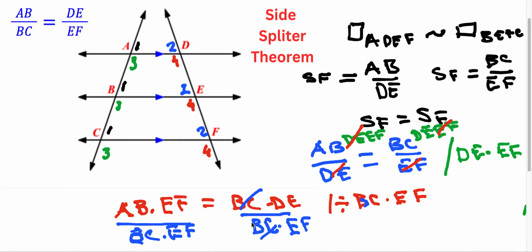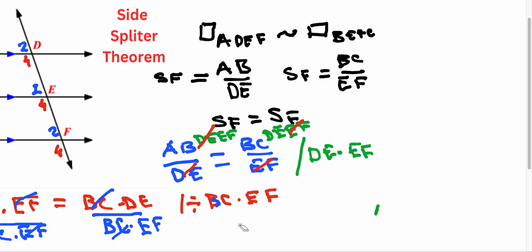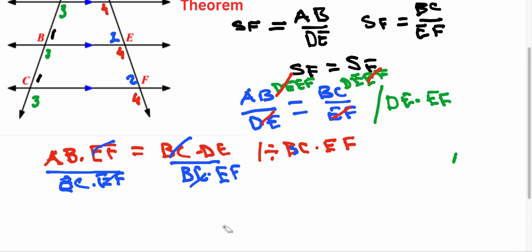And now BC with BC we can simplify, EF with EF we can simplify, and what remains here? Let me move a little bit up. What remains is AB over BC is equal with DE over EF.